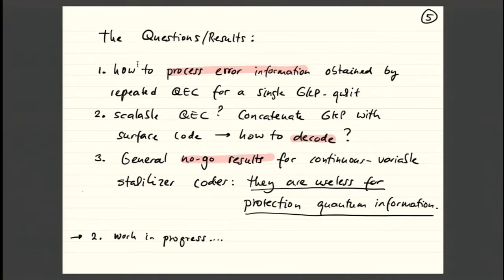What quantum error correction usually is: I have to measure my stabilizer checks. For the Torah code, I have to measure these things, and for the GKP code, I have to measure this SP and SQ, and I do this repeatedly. Now, I assume that the measurement of these checks is also imperfect, and then it's a question how I'm going to process this imperfect information.